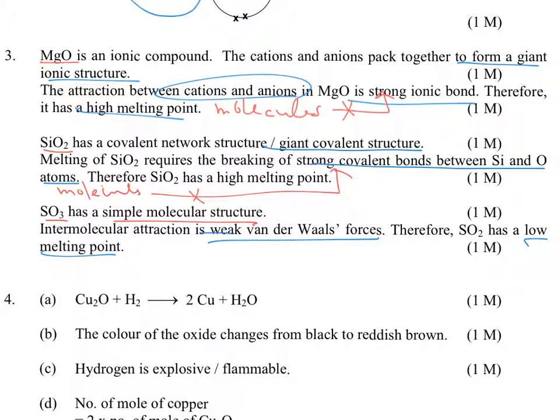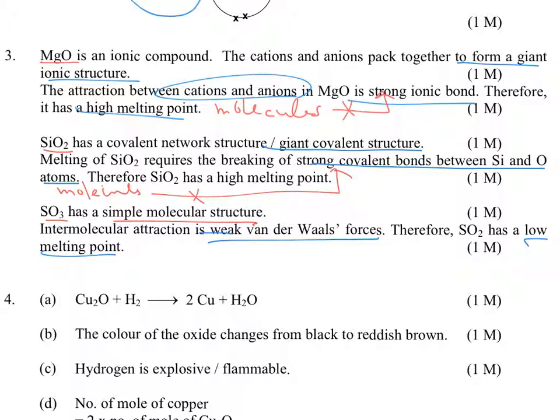And one more thing, some of you still don't know how to distinguish between silicon dioxide and sulfur trioxide. You may say they are all covalent compounds. Yes. However, at our level, we simply remember silicon dioxide, graphite, and diamond as the three substances that have giant covalent structure. The other covalent compounds, most of them, are simple molecular structure.